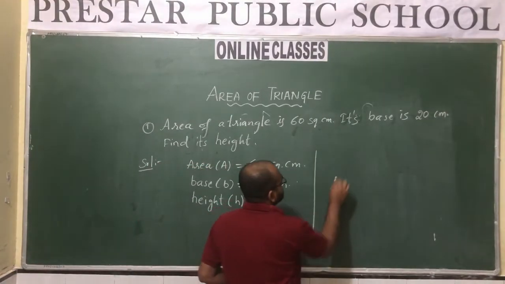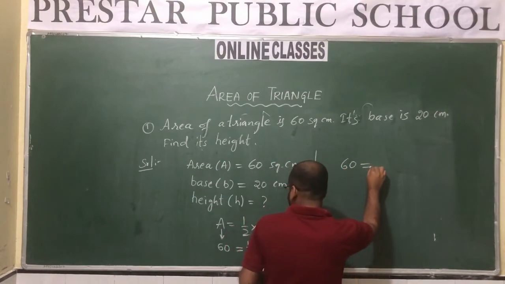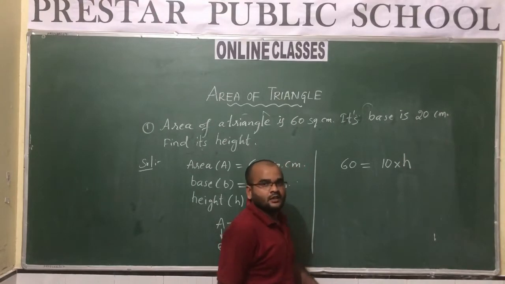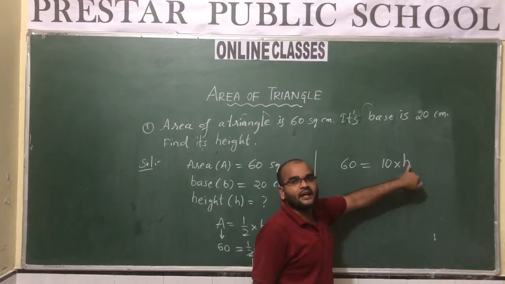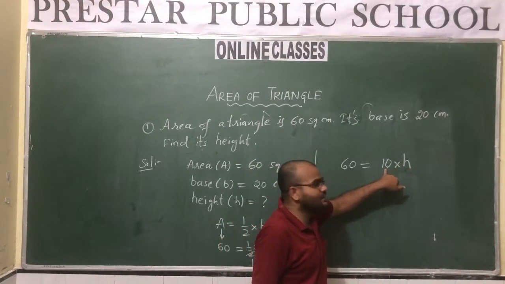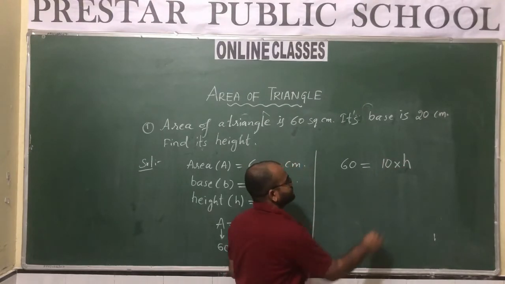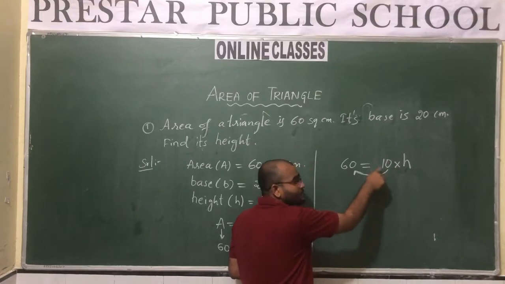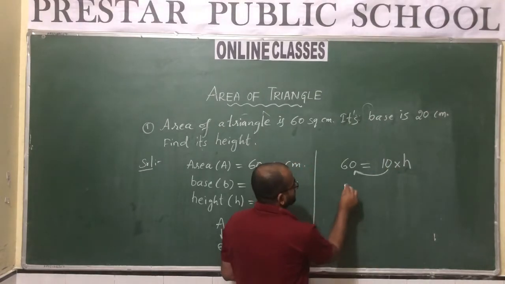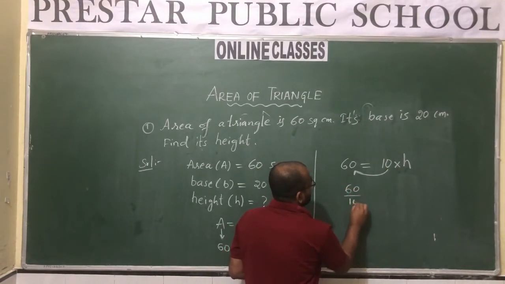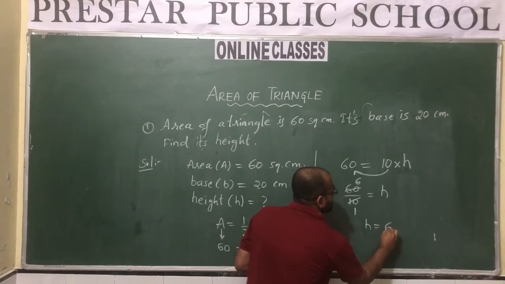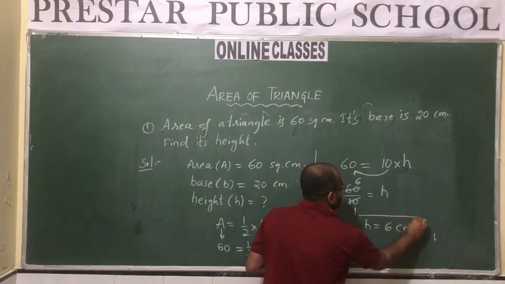Write the remaining: 60 equals 10 into h. We should find the h value, that's why send this 10 to the left hand side. It is in multiplication, so it becomes division. 60 upon 10 equals h. 10 sixes are 60. So h equals how much? 6 centimeters.